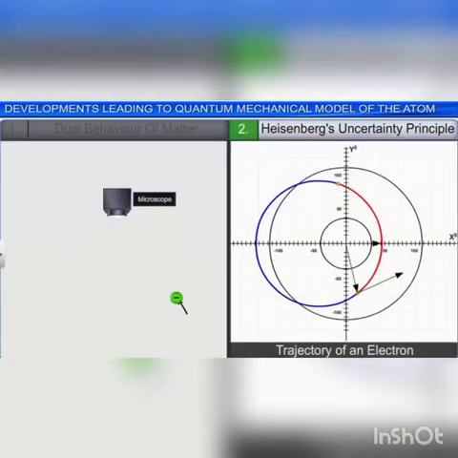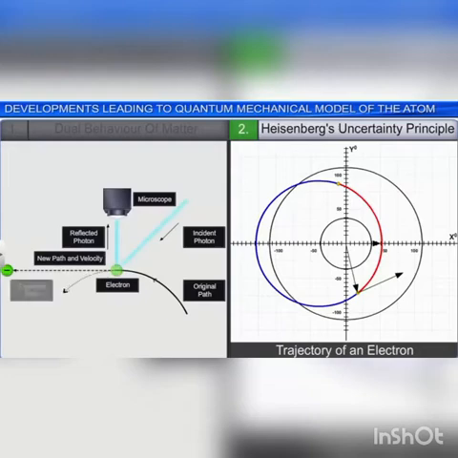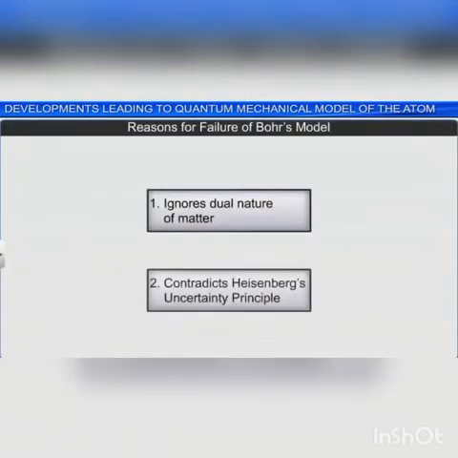As it is impossible to determine simultaneously and accurately the position and velocity for an electron at any given instant, it is not possible to talk about the trajectory of an electron. Thus, Bohr's model not only ignores dual nature of matter, but also contradicts Heisenberg's uncertainty principle.